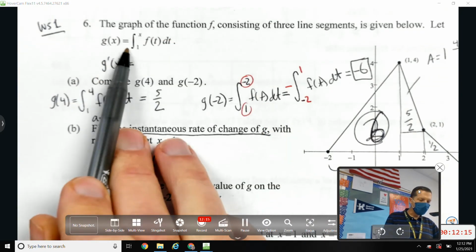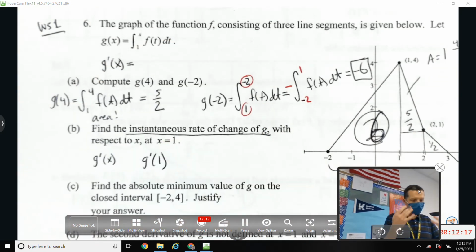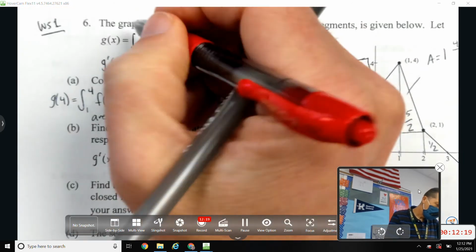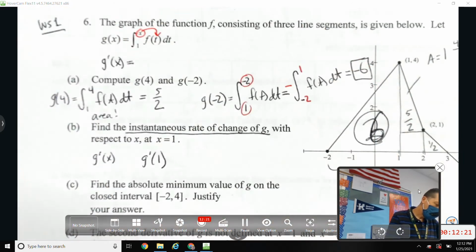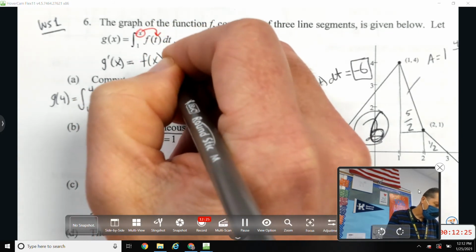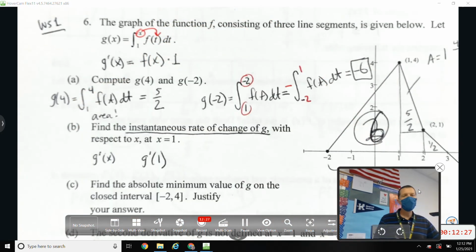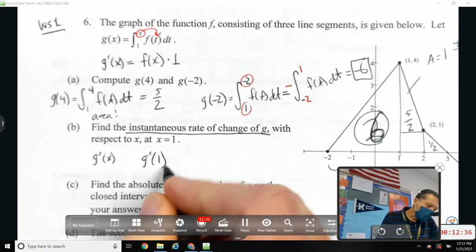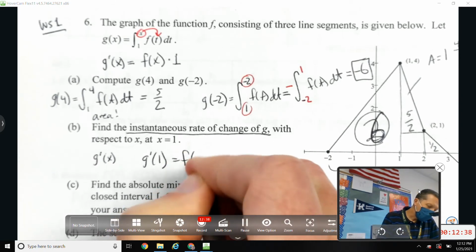The derivative of an integral cancels each other out, and plug in x. Chain rule is times 1. Most of you are not going to write that, but I'm writing it to emphasize and remind you to not forget the chain rule. So this means g prime at 1 is really just f of 1.